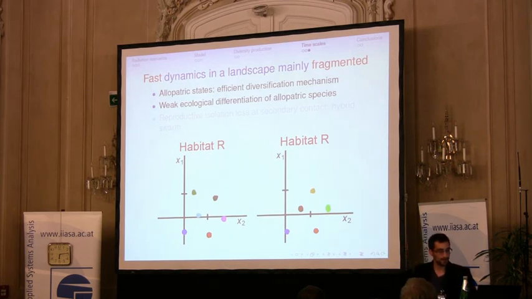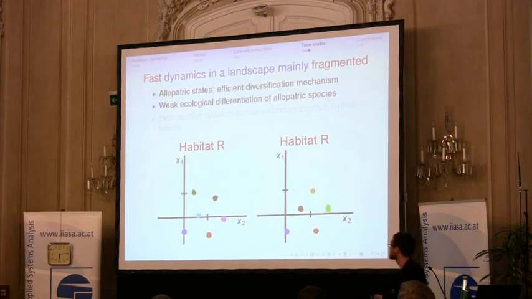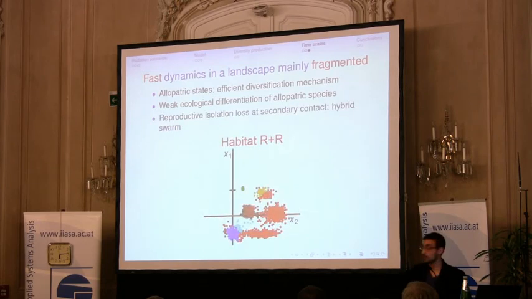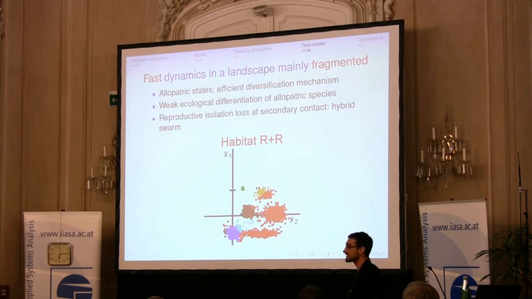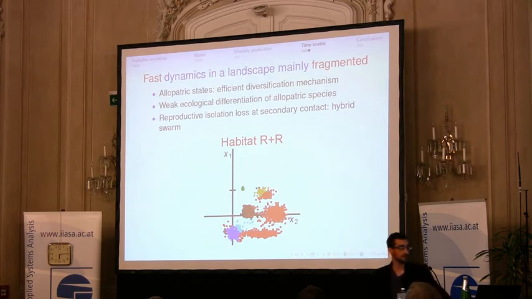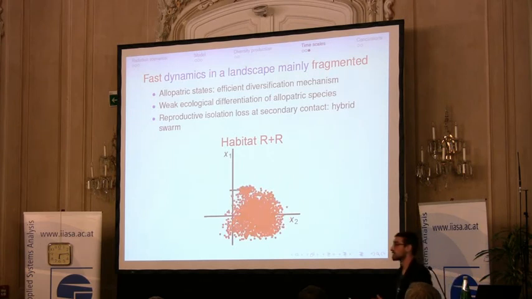And what can happen if two sites like that merge? One possible outcome is the loss of reproductive isolation between two species, and in that case, the phenotypic variance of the population increases, so that other populations, other species begin to hybridize with the hybridizing populations until they merge into a huge hybrid swarm.